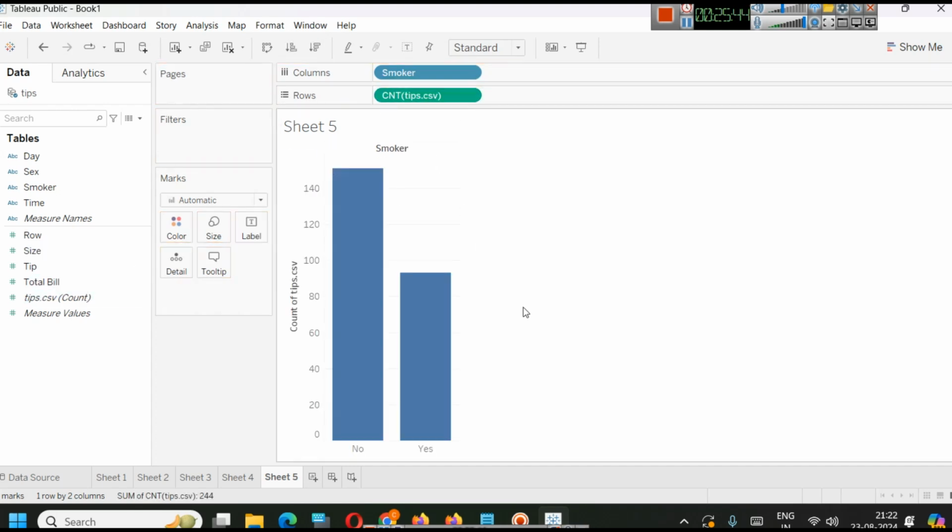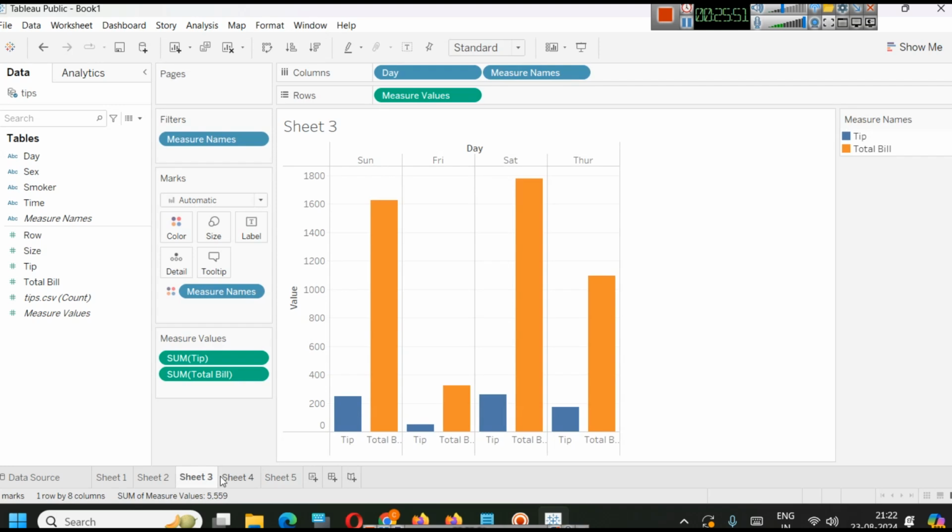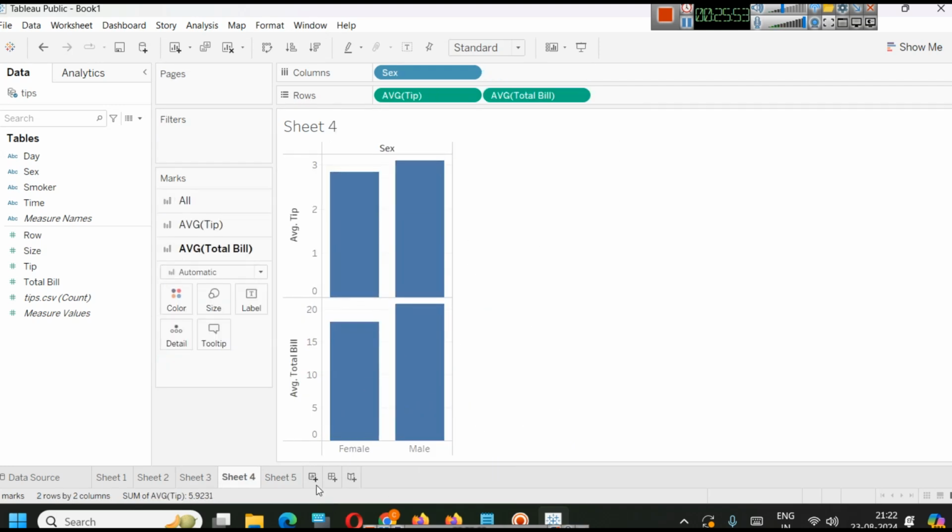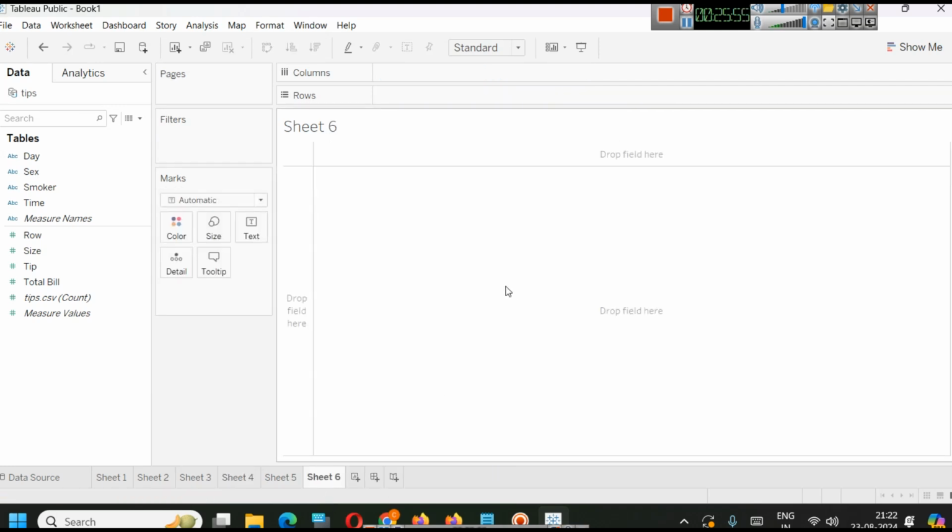Here also you can see non-smokers are more. So it will be better to have the average value rather than total value, because obviously total value will be more. So what we will do is drag smoker here, and what we want to analyze, later you can rename them, right?